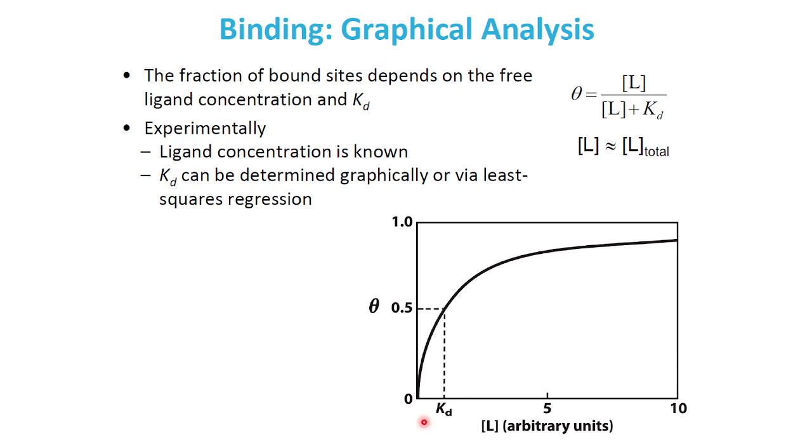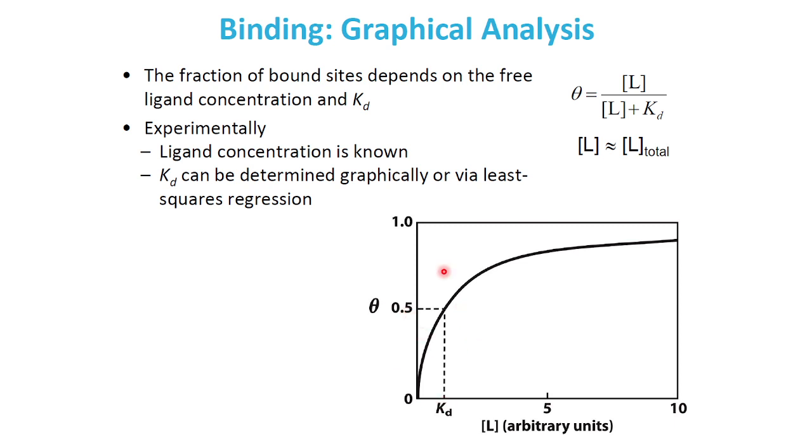And when we plot it, the ligand concentration is known, and the Kd can be determined graphically or via least squares regression. Before the curve stabilizes into the constant phase, when your theta equals 0.5, that is the half-saturation position, and that is your Kd value.